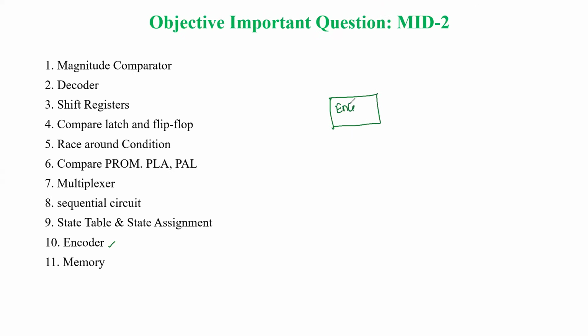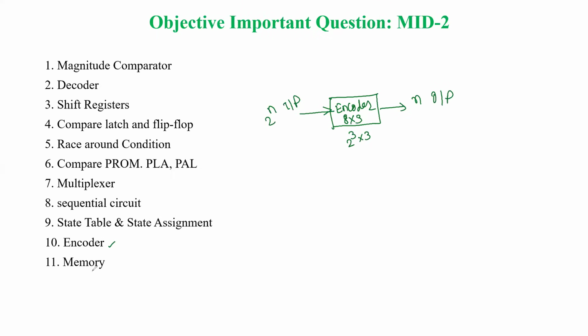In the case of encoder, we have 2^n inputs and n outputs. On that basis, we can have an encoder of size 8 cross 3. So here we are writing 2^3 cross 3, or simply 8 cross 3 is sufficient for the encoders.